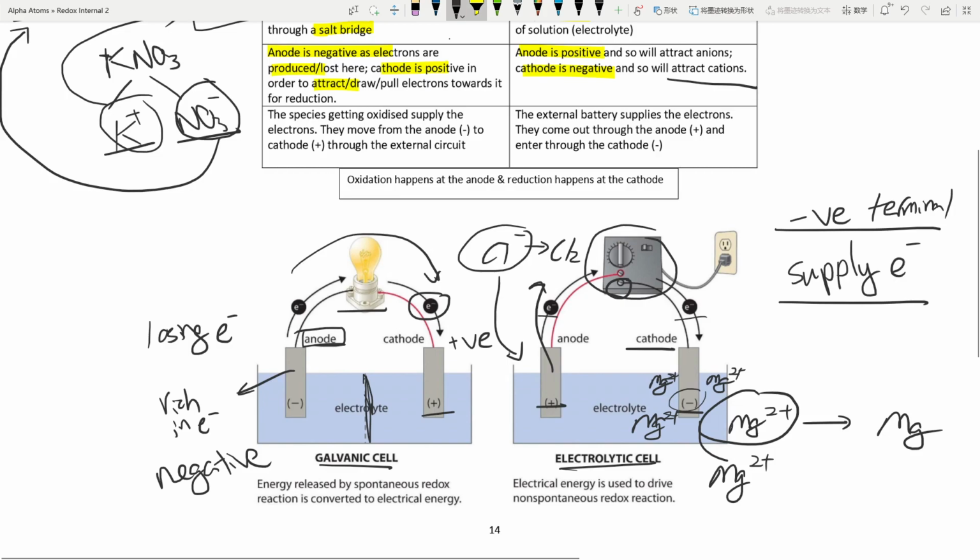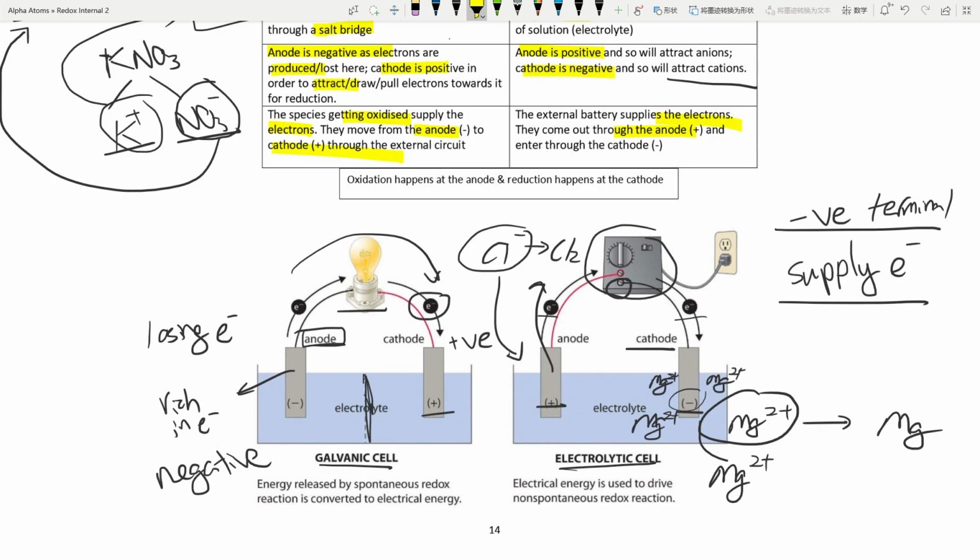Okay, and then the last one is to look at the electron transfer from the electrochemical cell. The oxidation reaction loses electrons, and then these electrons go from the anode to the cathode. Okay, and that is a spontaneous reaction. And then for the electrolytic cell, the external power supply supplies electrons to the cathode, and then it forces the electrons out of the anode, and that completes the circuit.